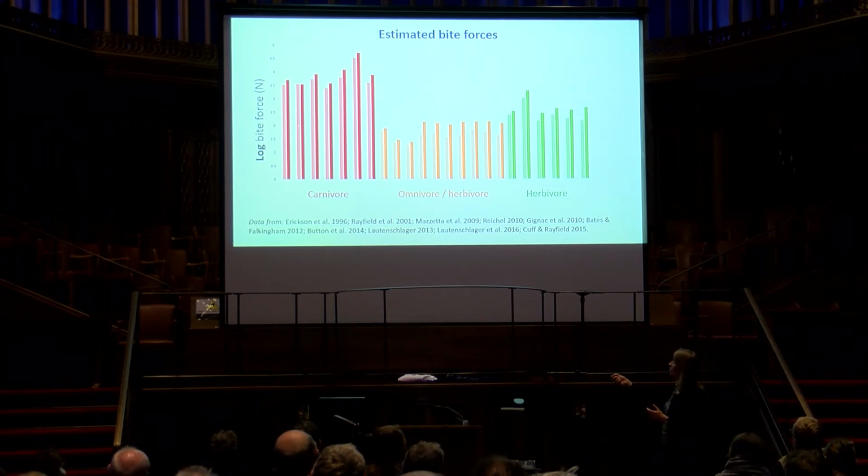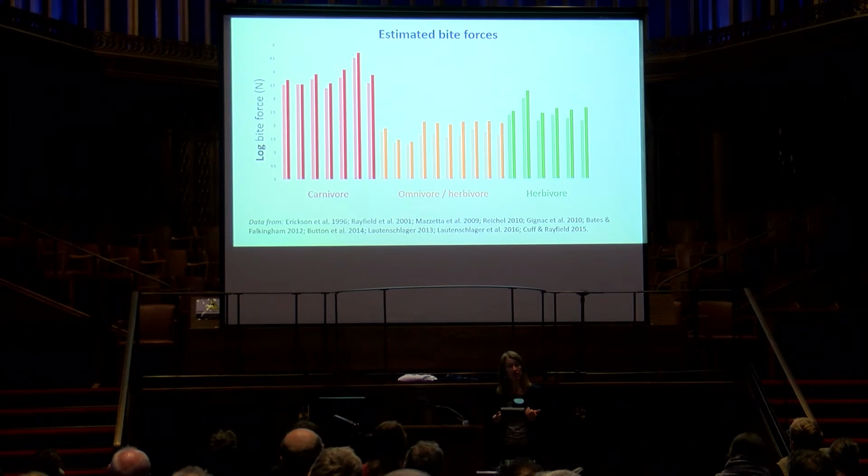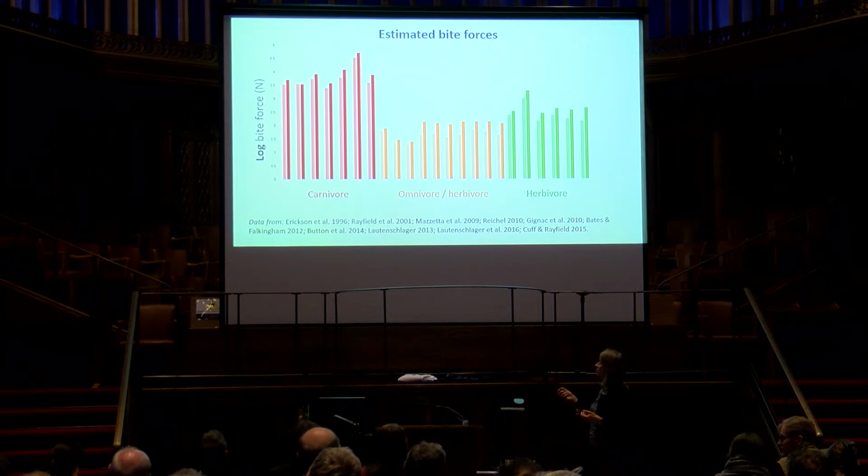Now notice this is a log scale here, so these values are much, much higher than what we see in other taxa, omnivores and herbivores. So although the theropods have got particularly poor leverage in their jaws, which is perhaps not evolving in any kind of functionally advantageous way, they are actually showing that they're able to generate extremely high bite forces. So there's a kind of counter effect that's going on there.